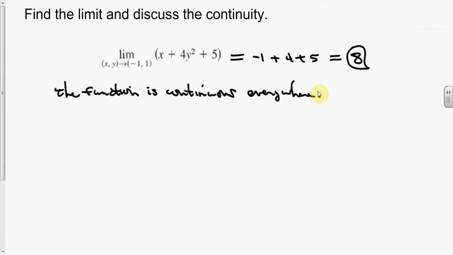Now sometimes that's not the case where you can just plug it in. We hope that we can just plug it in and just get the limit and be done. But sometimes you plug it in, you get an indeterminate form. So you have to do some work, like you may get 0 divided by 0, or something that's undefined, like 1 divided by 0, but you can do some work to clean it up.